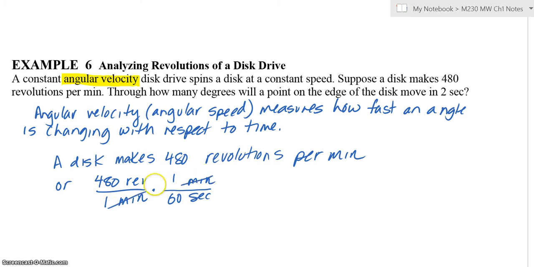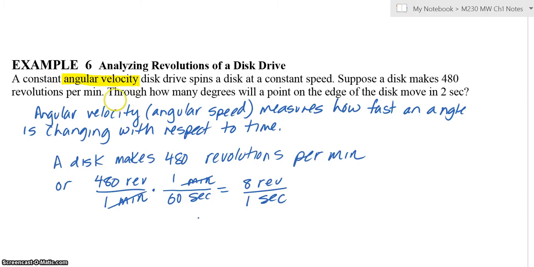This cancels out minutes, and it puts us at 8 revolutions per second. I got that by canceling the zeros, and 6 goes into 48 8 times. We're just taking 480 divided by 60. We get revolutions per second. This is how many revolutions it's doing per second, which is a little bit easier to visualize than per minute, isn't it? I can't visualize 480 per minute as well as 8 revolutions every second.